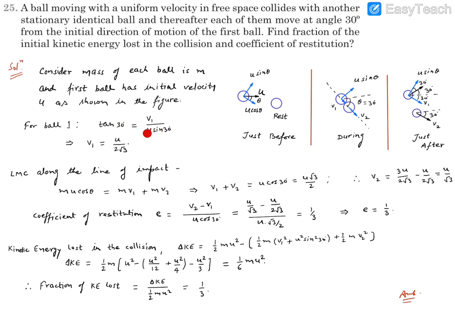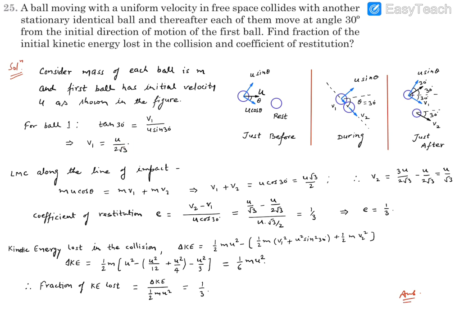So you'll find v1 is equal to u divided by twice root 3. So v1 has the value u divided by 2 root 3. You can check these calculations; I have jumped a step.